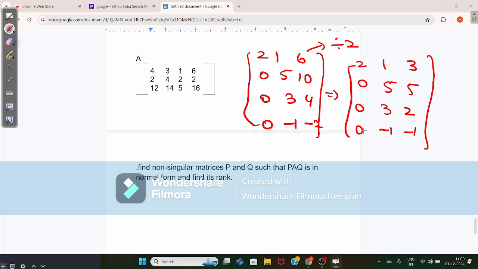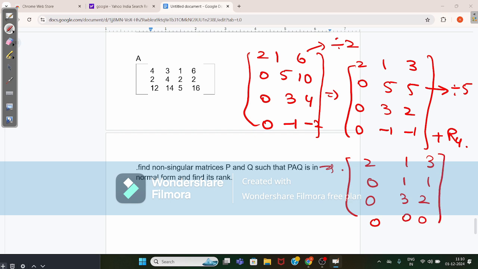Now divide the second row by 5 and add to R4. You will get 2 1 3, 0 1 1, 0 3 2, 0 0 0.